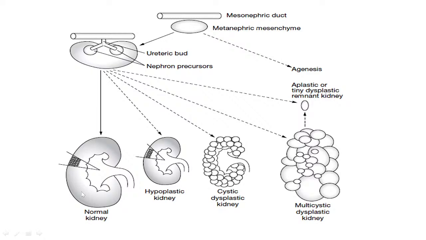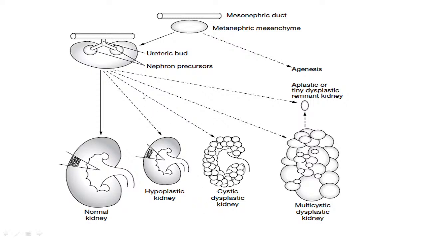When the size is small with all structures normally located on microscopy, it becomes hypoplastic. But when they become more disorganized and take the form of cysts, it becomes a cystic and dysplastic kidney.